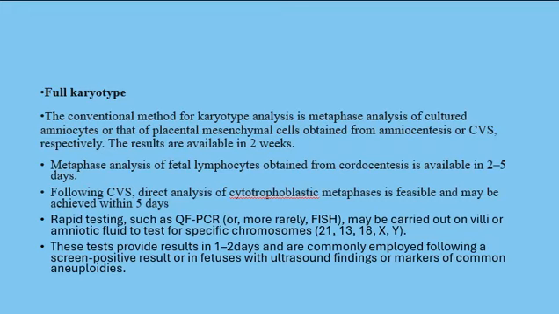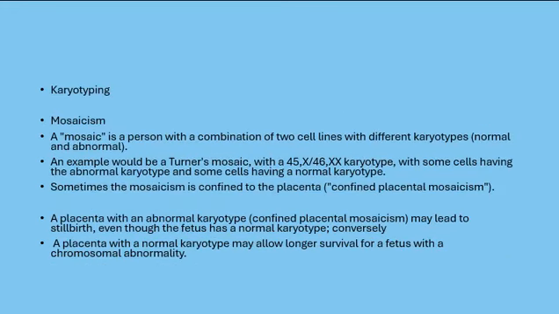Sometimes the mosaicism is confined to the placenta, confined placental mosaicism. A placenta with an abnormal karyotype may lead to stillbirth, even though the fetus has a normal karyotype. Conversely, a placenta with a normal karyotype may allow longer survival for a fetus with a chromosomal abnormality.